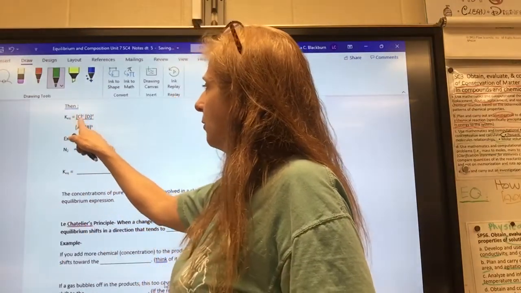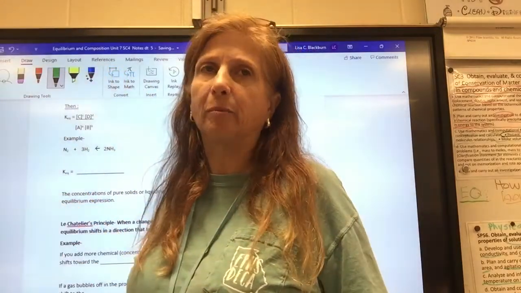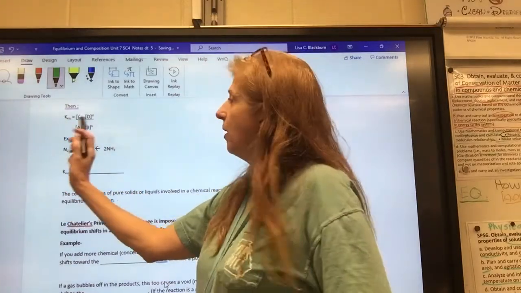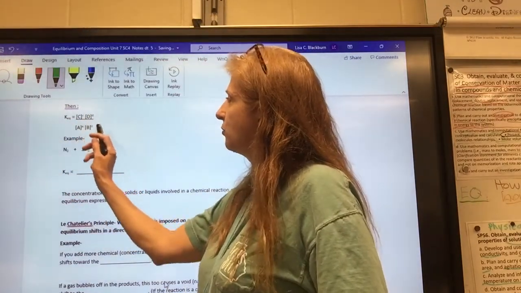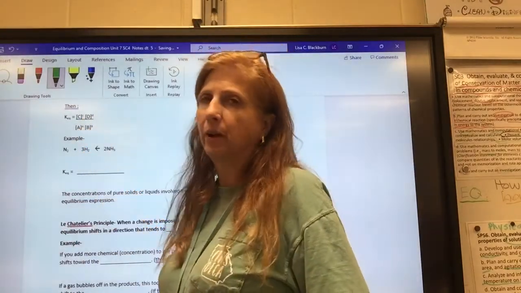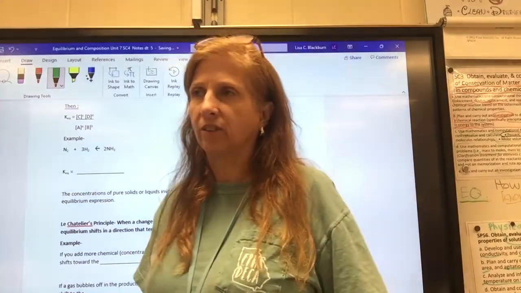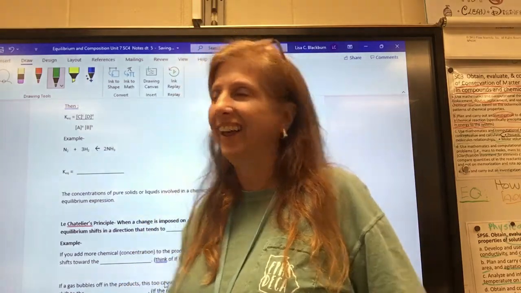So the concentration of products go over reactants. Everybody notice that the products are in the numerator, the reactants in the denominator. You write the concentration in square brackets, and you take it to the exponent of the coefficient from the balanced chemical equation. Are y'all okay with that? So the ones on the right side.